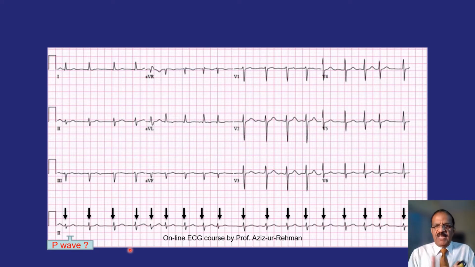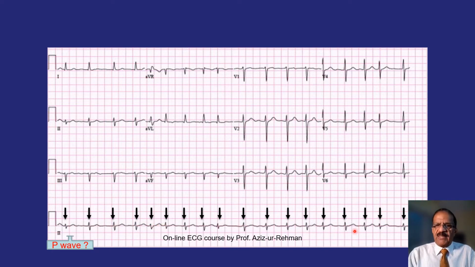What is the first thing you notice? The first thing you should notice is that they're very, very irregular. No adjacent RRs are equivalent. These two may be equivalent, but then every RR is different because QRS complexes are irregularly irregular.